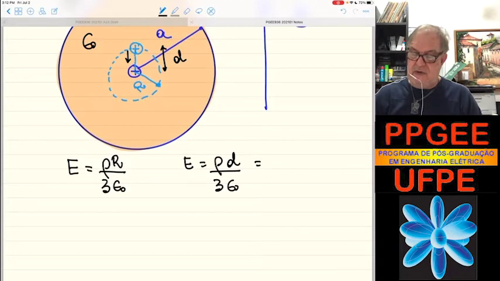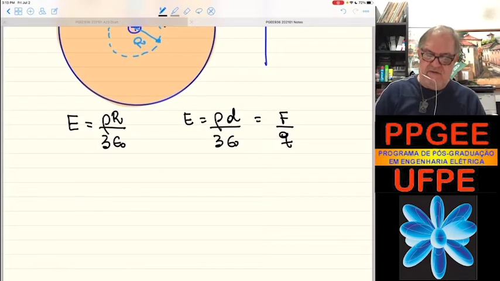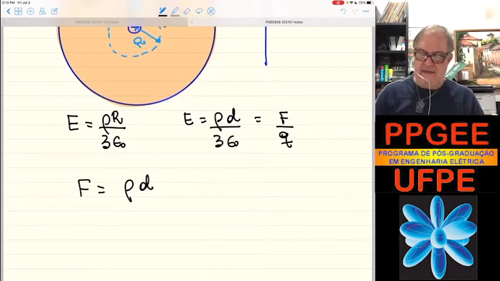So this equals the force per unit charge, right? There's the E field on the proton, on the positive charge. So the force equals the density times, you can write it like this, the electron density.